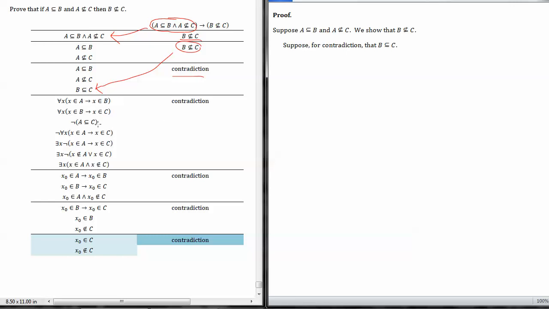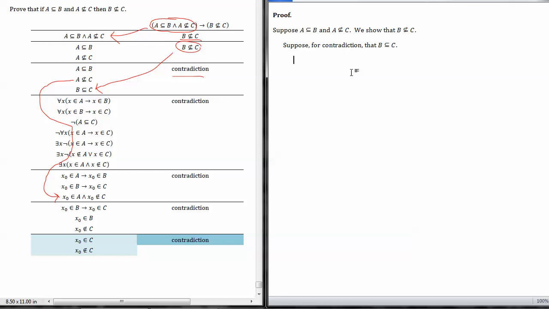And then we're over on the given side, and to actually be able to do anything, we had to come up with this X naught somehow, right? Which came from this existential statement, which came somewhere all the way back here from A not being a subset of C. Okay, so that got us there. And then we followed all this down and eventually got our X naught.